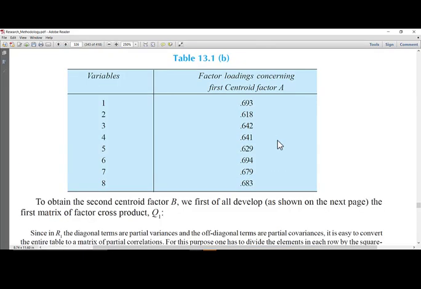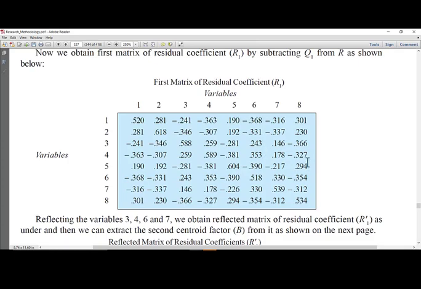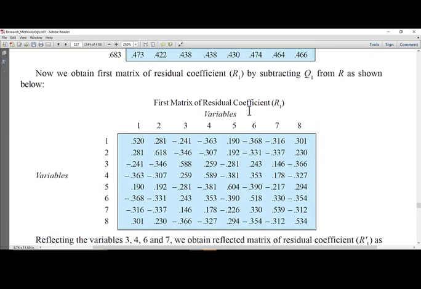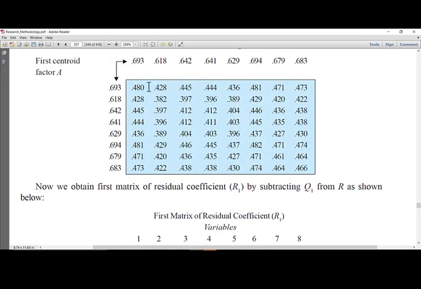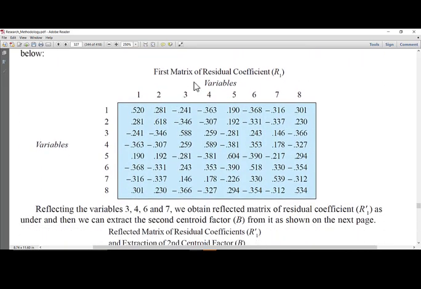If we subtract Q1 from R, that means these elements are subtracted from the correlation matrix R element wise, we obtain this first matrix of residual coefficient R1.